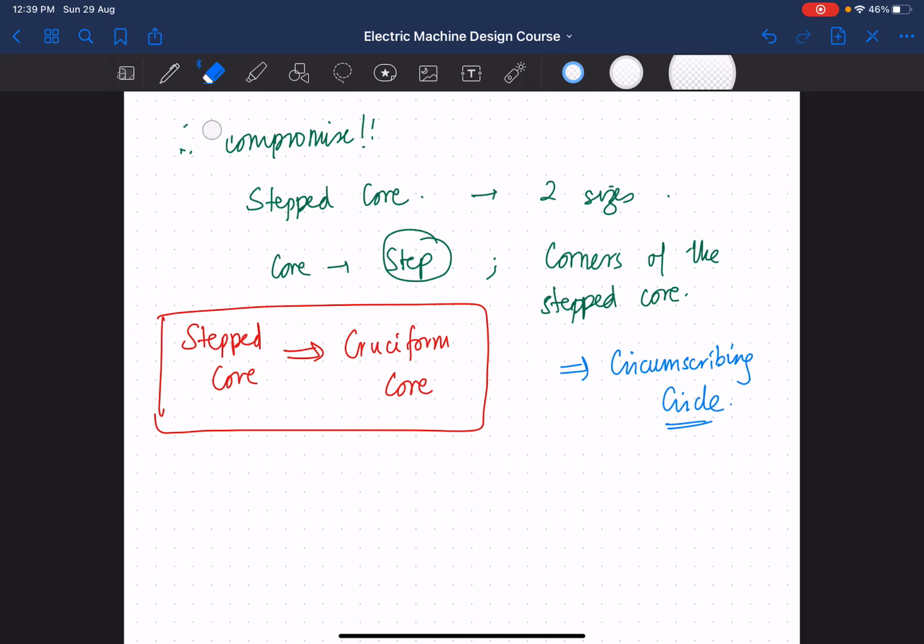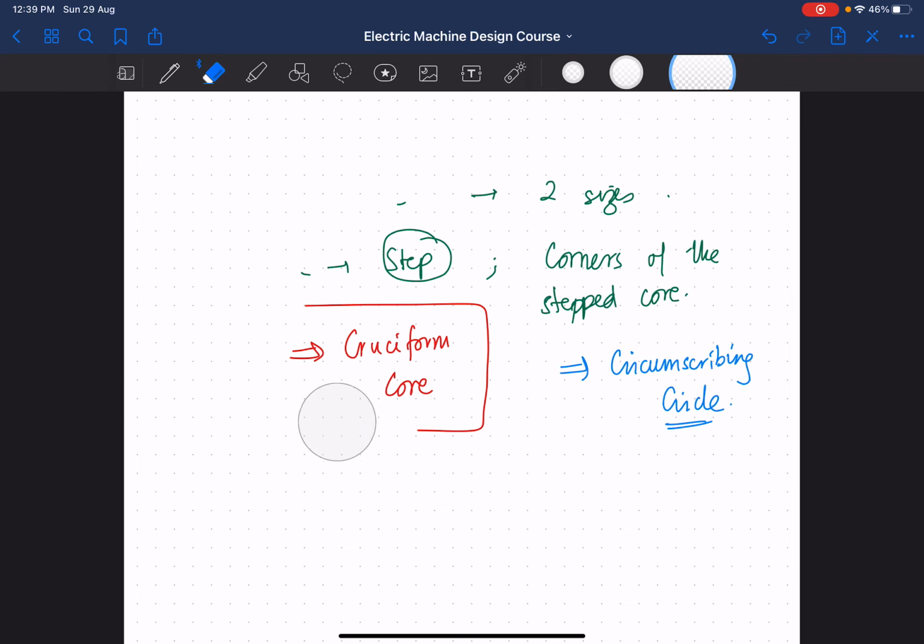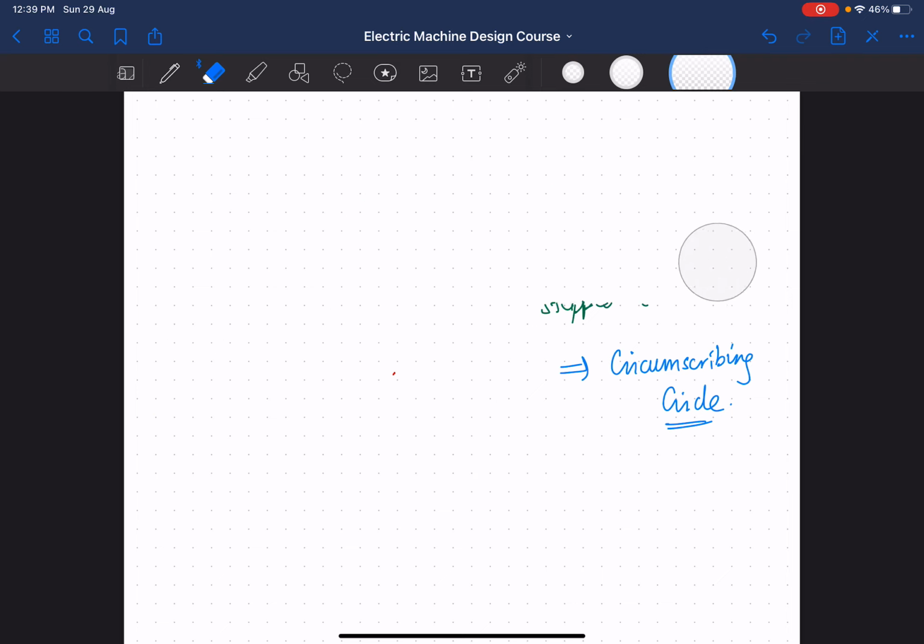So now I'm going to show you graphically what I actually mean by this stepped core and rectangular core.